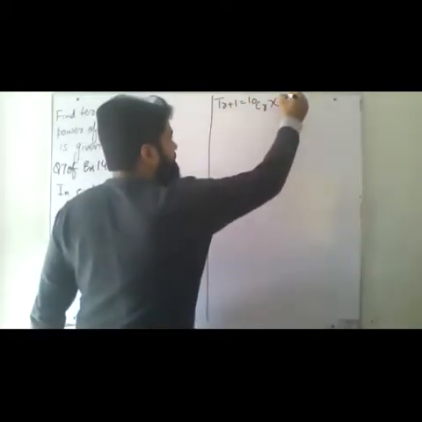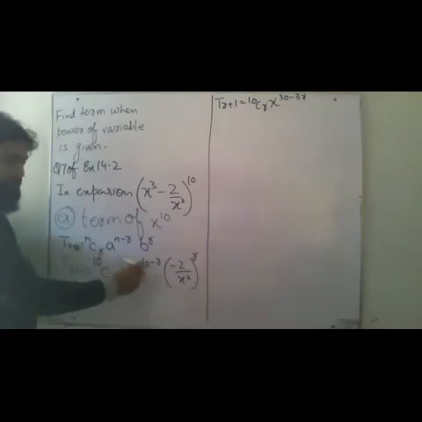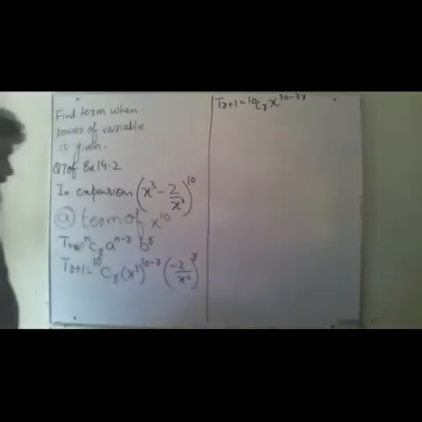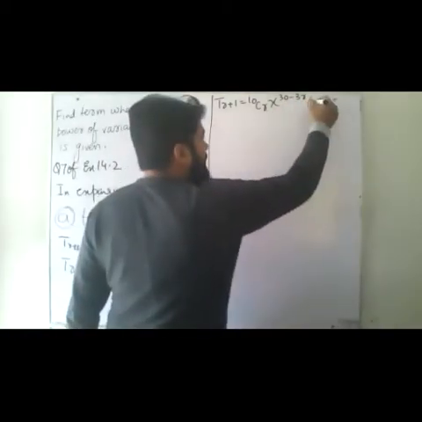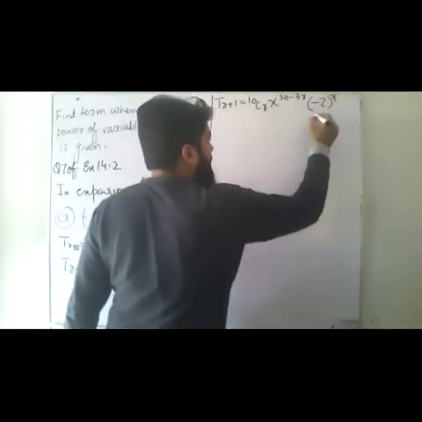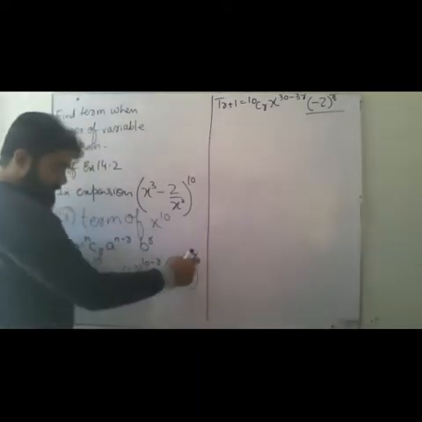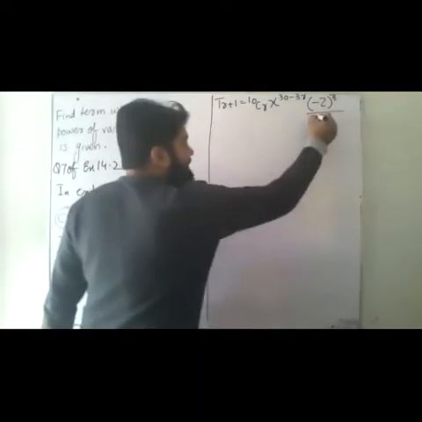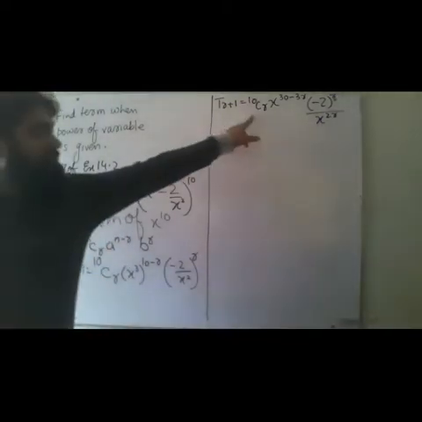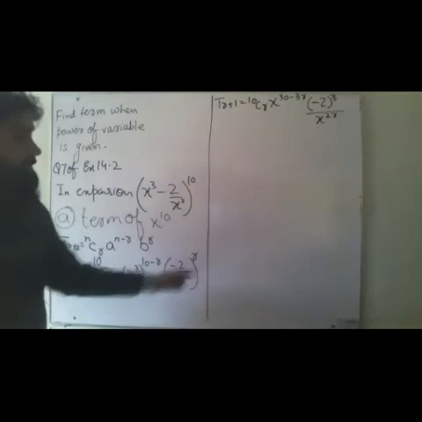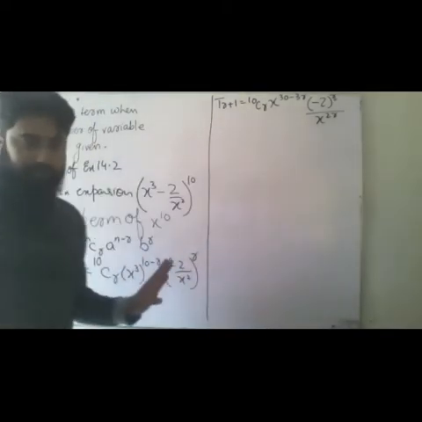So 30 minus 3r. I have multiplied this power with this. Okay, I don't know what the value of r is, so I'm just keeping it in this way. Minus 2 to the power r over x to the power 2r. I can't simplify this and this. I have kept it in this way. Over here, power can be simplified. I have done that thing.